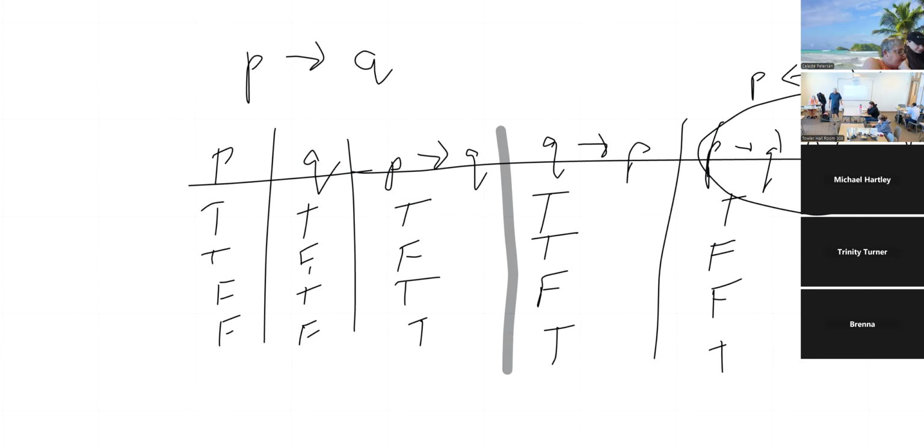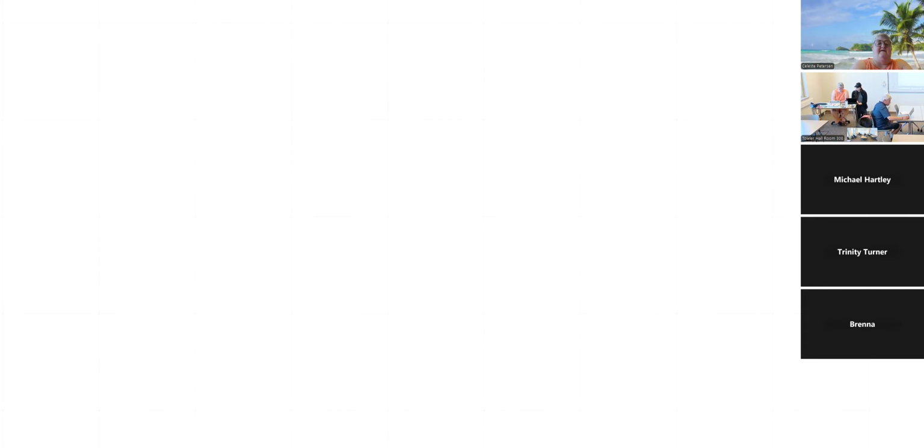So we're doing all of this. P is false and Q is true. So when I make my truth table, I only need that one line.